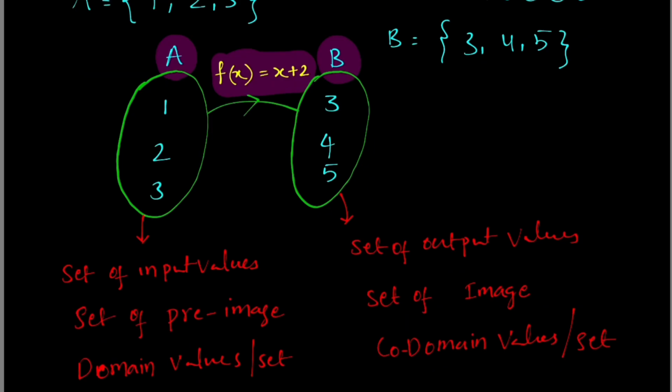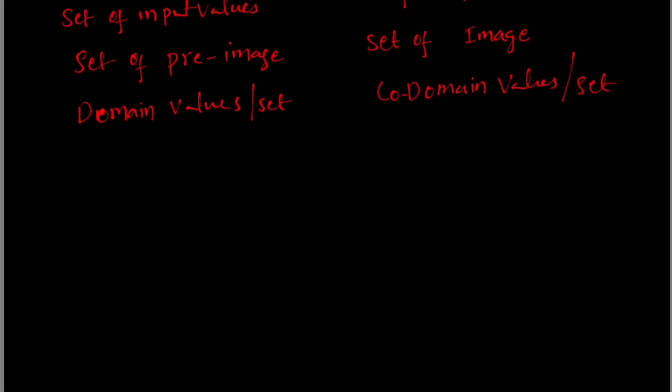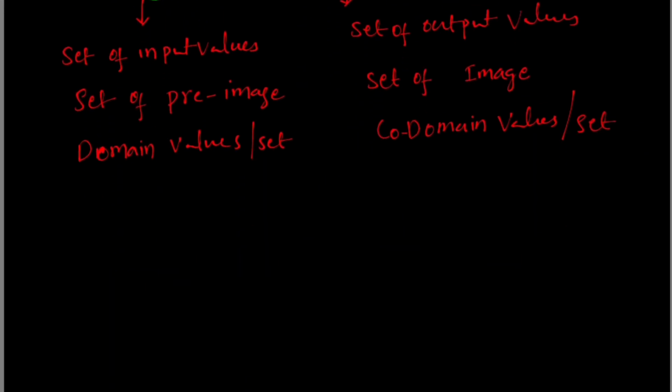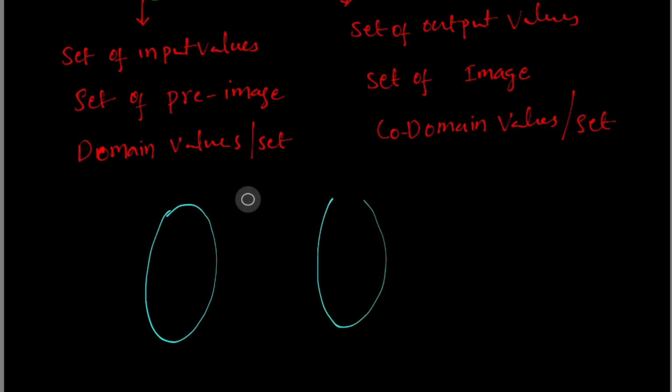Let's say for the same set of input values, I change the relation between set A and set B, which was maintained with f of x. Let's say I'm writing f of x equal to x square plus 2. For the same inputs, when x equal to 1, f of 1 equals 3. When x equal to 2, the output value is 6.